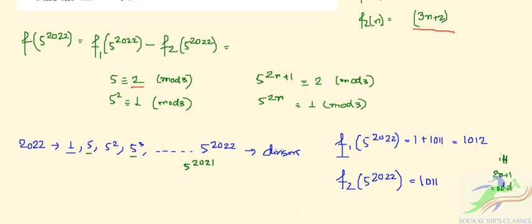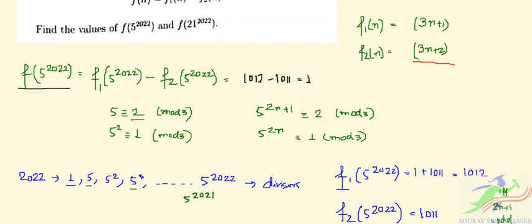Now put the values in: 1012 minus 1011 equal to 1. So this is our value for f of 5 to the power 2022.